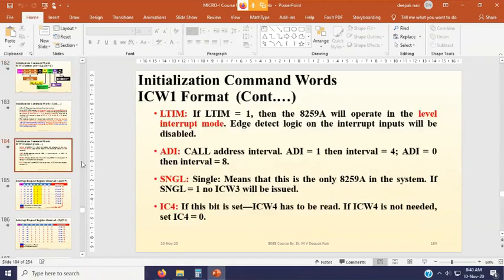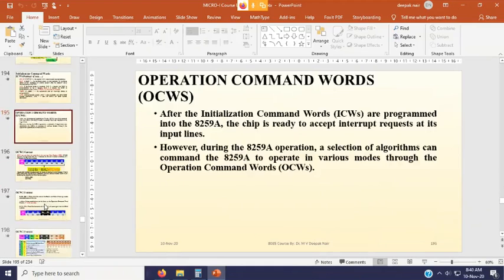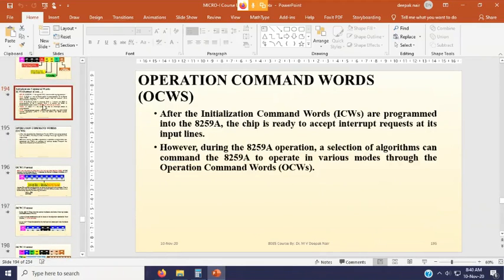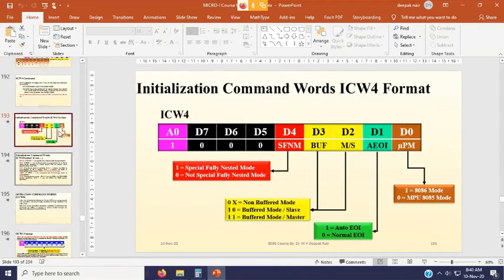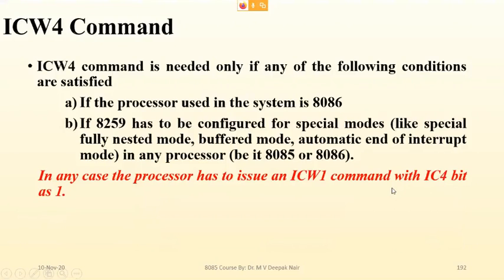So, when will ICW4 be needed, and why will the user use ICW4? ICW4 is needed only for the following conditions. One, if you are using 8086 with the 8259, then ICW4 will be needed.